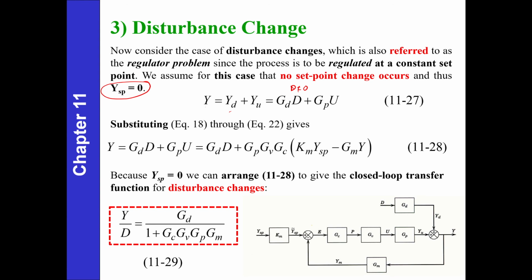So you have to derive everything again until you get to this point, whereby this is equal to 0, so you eliminate this term.